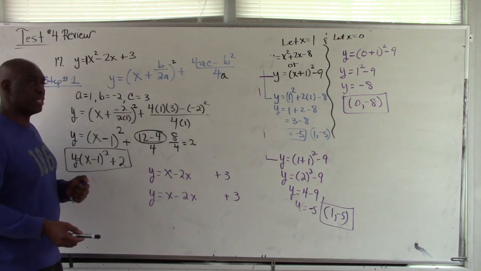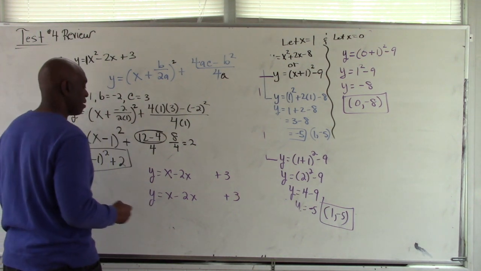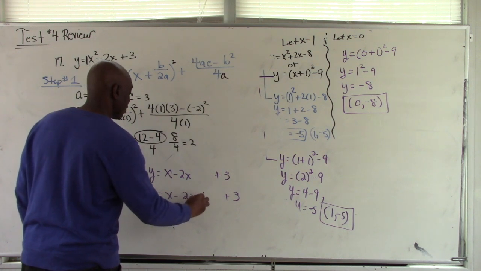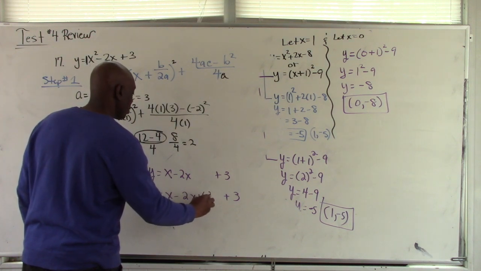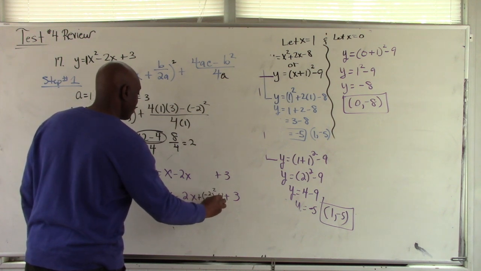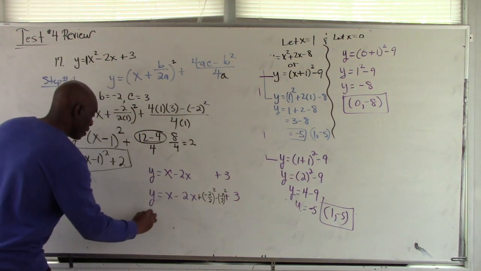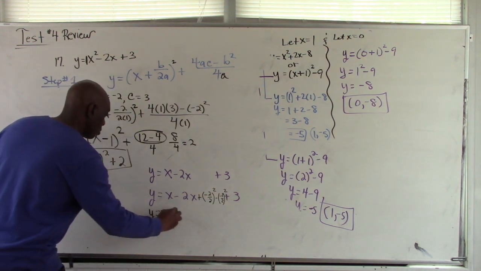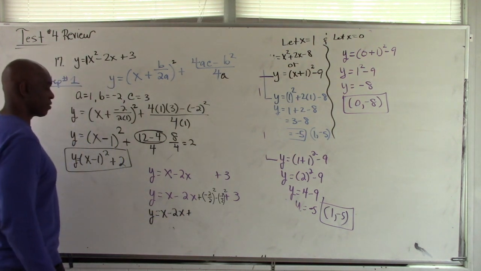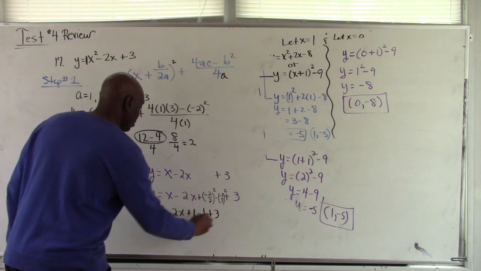Half of 2 is 1, so half of -2 is -1. So we could have said plus half of -2 squared, and minus half of -2 squared, which is y equals x squared minus 2x plus 1 minus 1 plus 3.